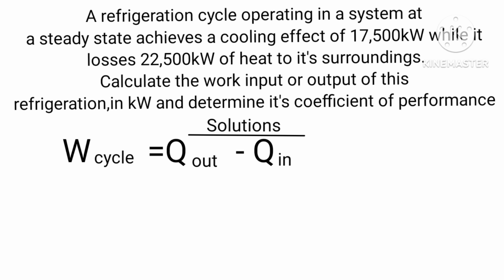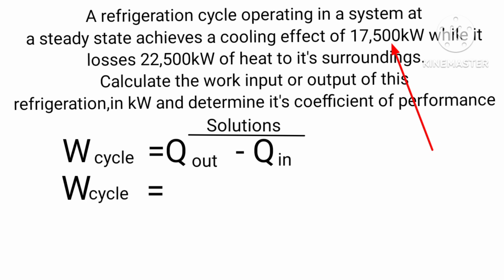The amount of heat that is lost to its surroundings in this question is 22,500 kilowatts. So the Q out is 22,500 kilowatts. And Q in is the amount of heat received, which is 17,500 kilowatts.